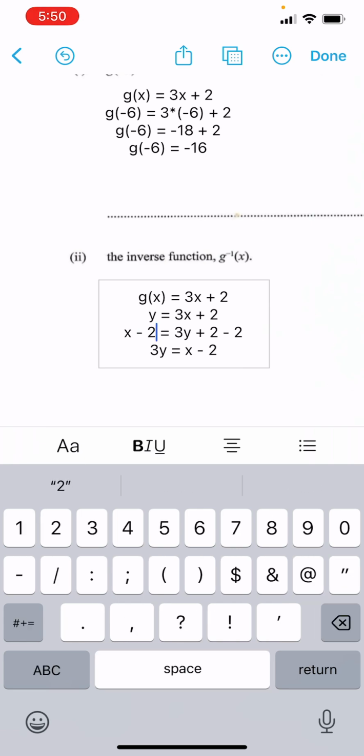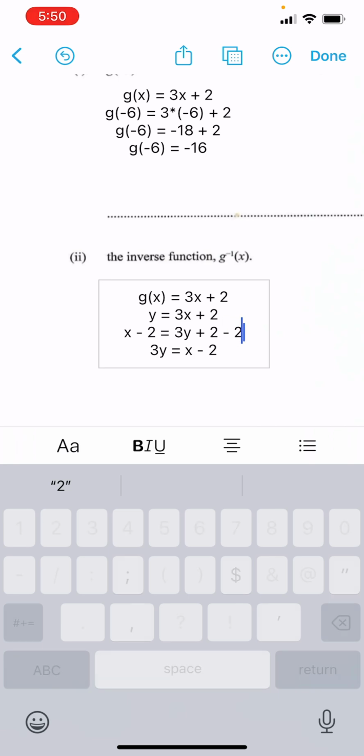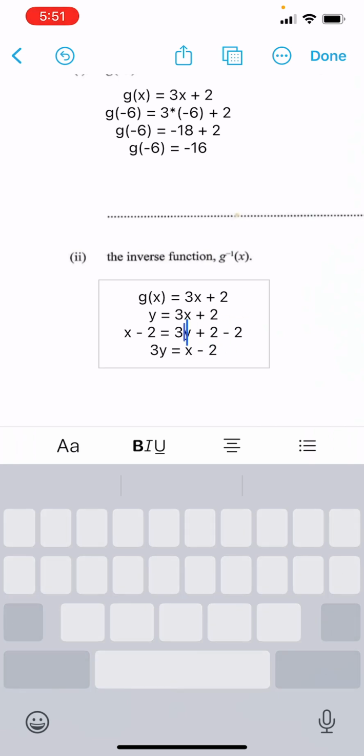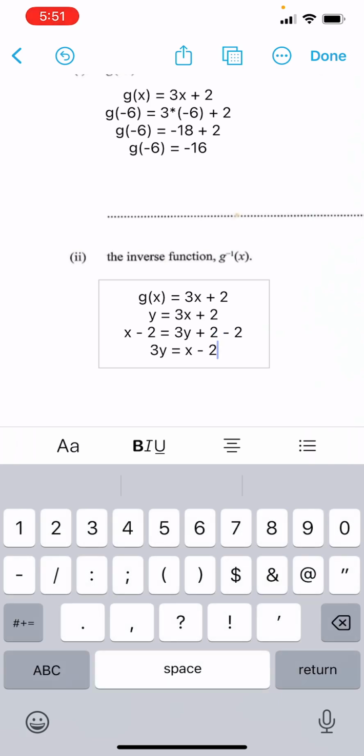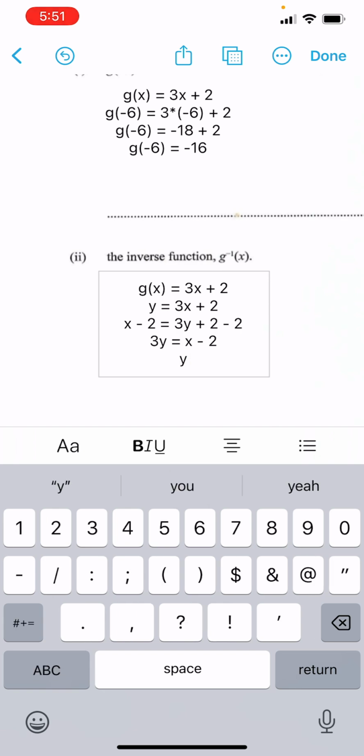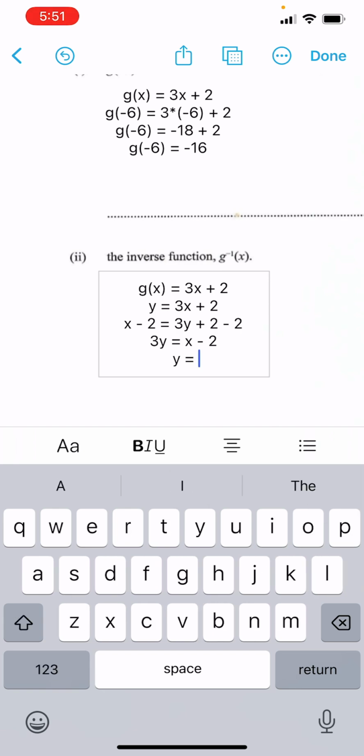Right? 2 minus 2 cancel each other. You're left with 3y is equal to x minus 2.